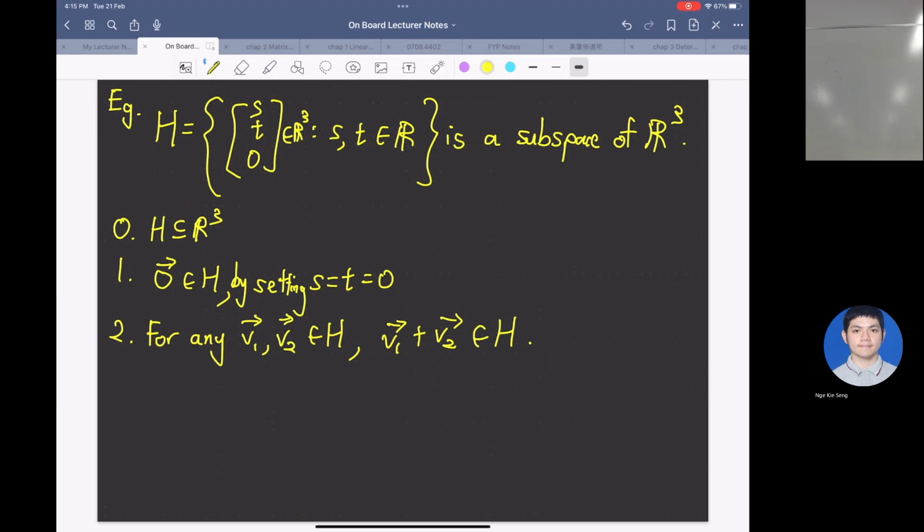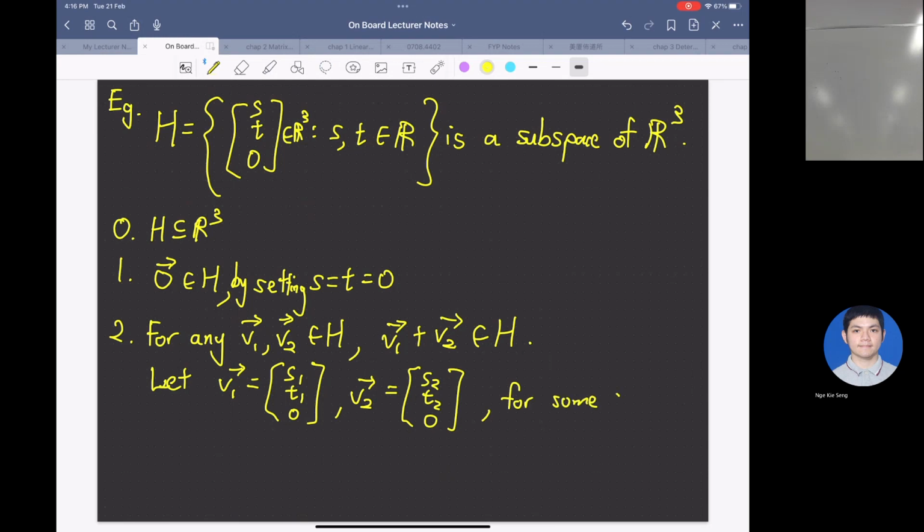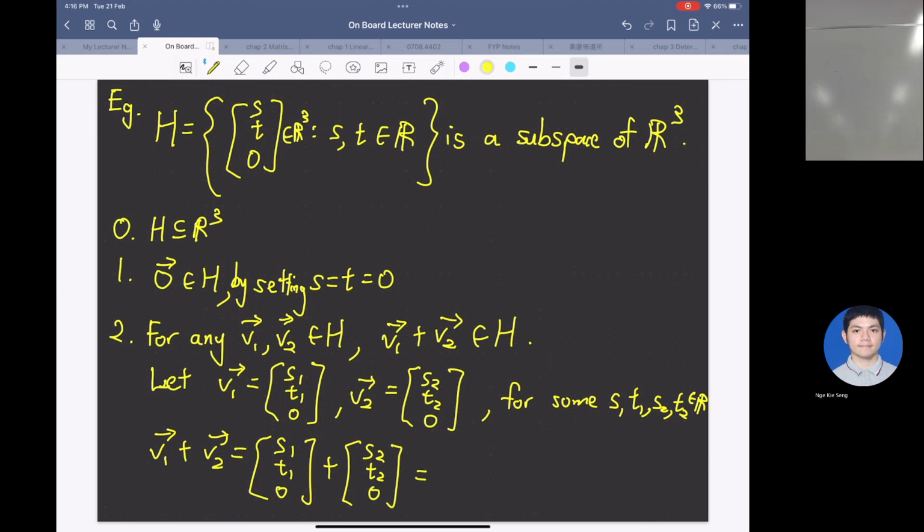For v1 and v2 in H, we can let v1 equal x1, t1, 0, and v2 equal x2, t2, 0 for some x1, t1, x2, t2 real numbers. So you want to add them together. We are pretty familiar with how to add 2 vectors. We just add term by term. So x1 plus x2, t1 plus t2, and 0 plus 0.